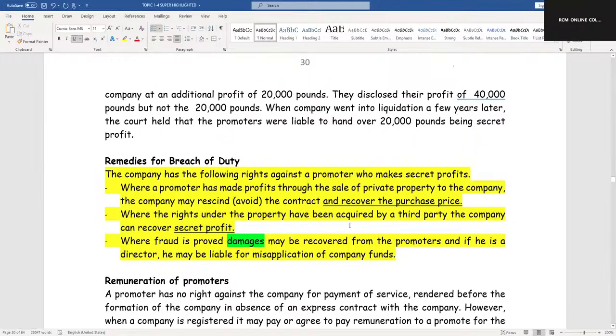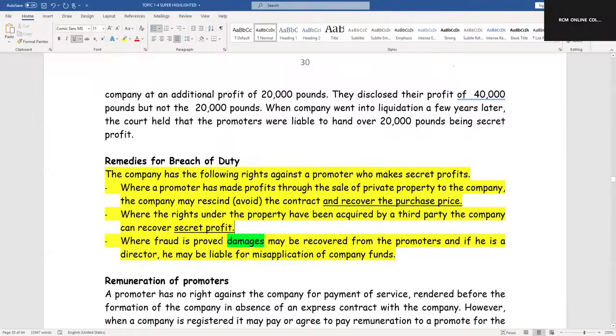Then the third remedy here: if the company suffered any damages or losses during this particular process where the promoter was selling the asset to the company, then the company is at liberty to sue for the recovery of damages or losses from the promoter.